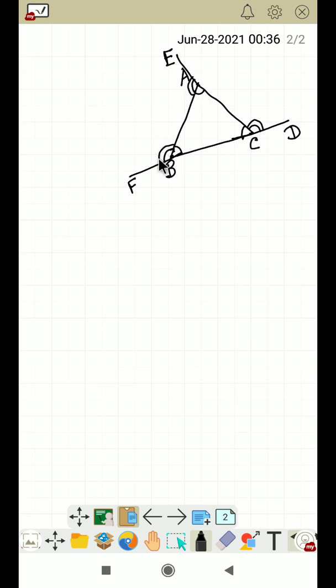And what is the relation between these angles? This exterior angle is equal to the sum of the opposite interior angles. That means the exterior angle ACD is equal to the sum of the opposite interior angles, that means this angle and this angle. That is angle BAC plus angle ABC.